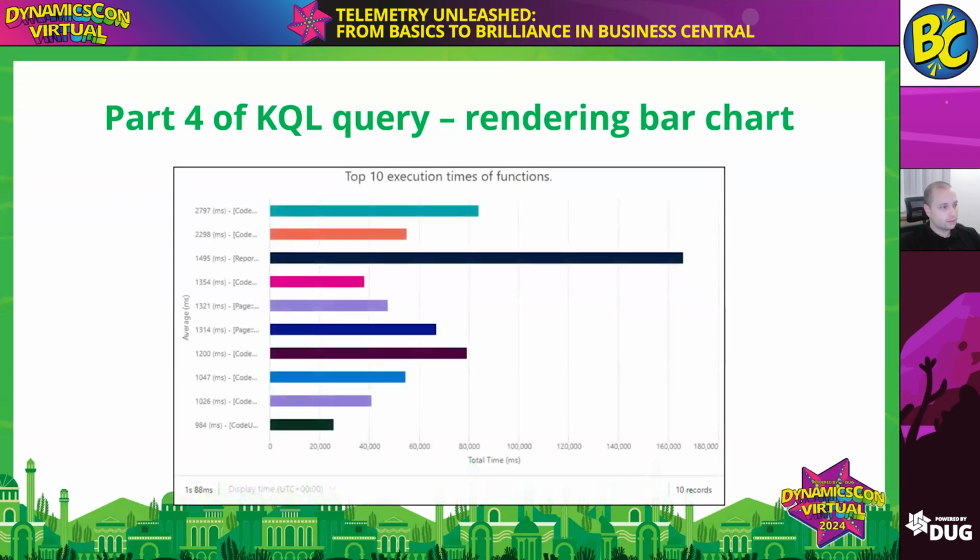And when I run this part of render, we can get the rendering like this. Especially useful when you want to show the top results. So in this case, top 10 execution time of the functions. So it provides a clear overview and comparison between the records.